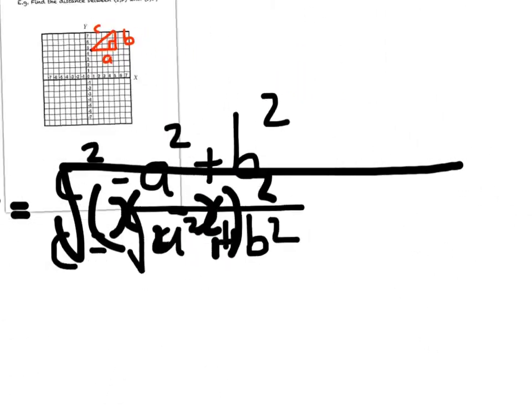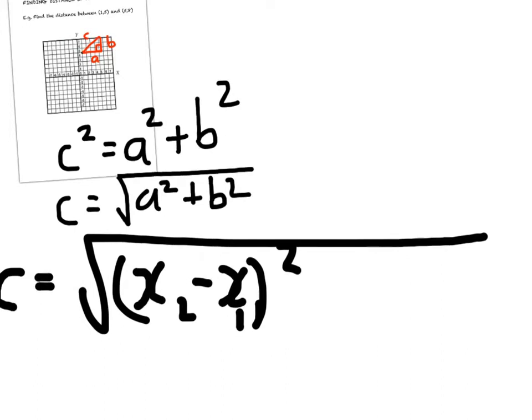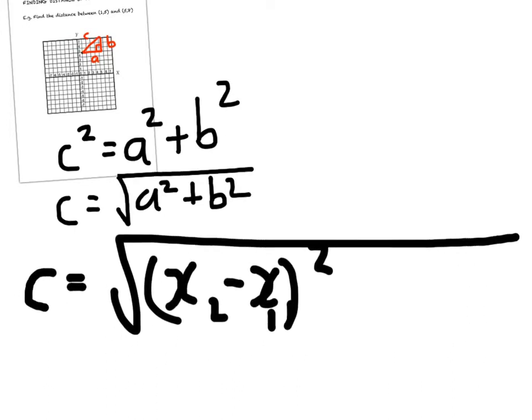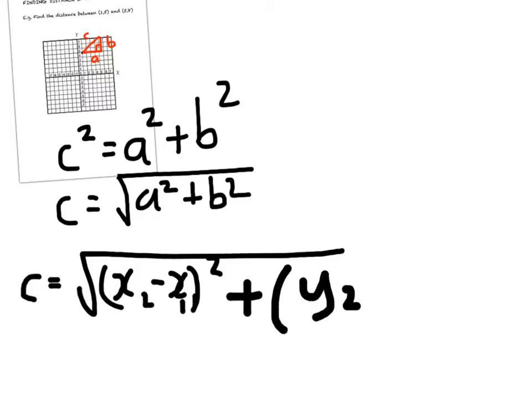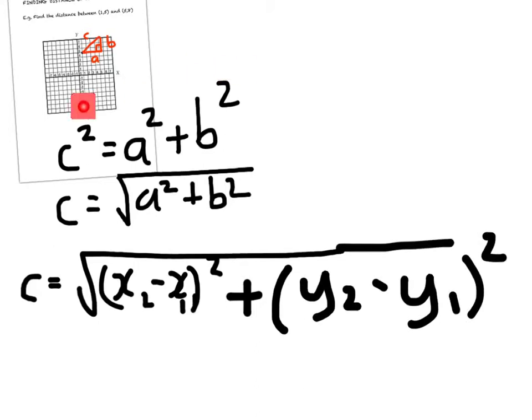Okay, I might just resize that a bit as well. So the difference in the x points, plus b squared, which is just the difference in the y-axis points. So let me just put y2, which is the second y point, minus y1, the first, and I'm going to square it, just like in the original Pythagoras equation.